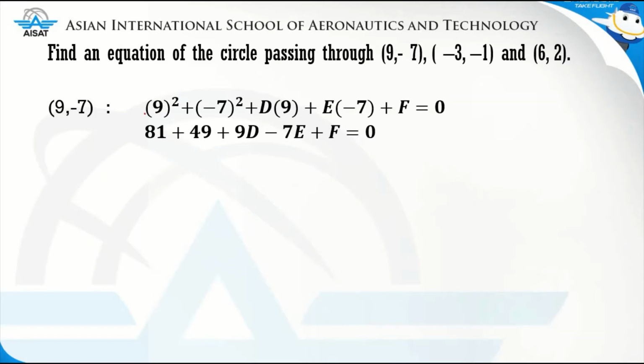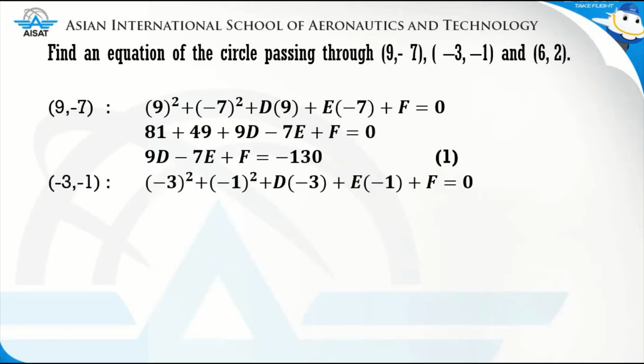Next, we add these two constants. 81 plus 49 is 130. Transposing 130 to the right-hand side, we will have 9d minus 7e plus f is equal to -130. And that is our first equation.